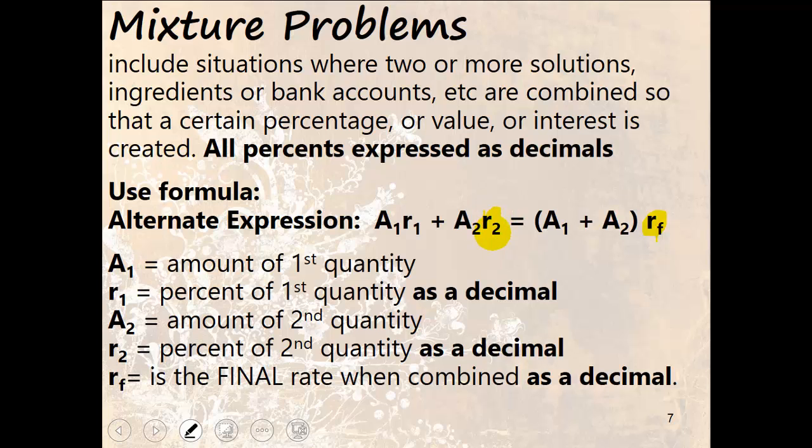Okay, make sure that you match the correct amount with the correct rate. Okay, and then we can solve for any of those pieces. We could solve for A1, R1, A2, R2, RF.